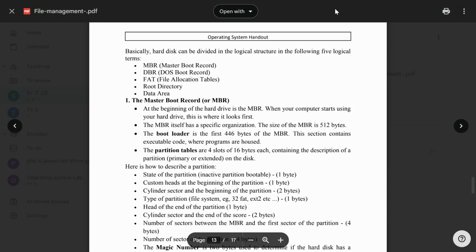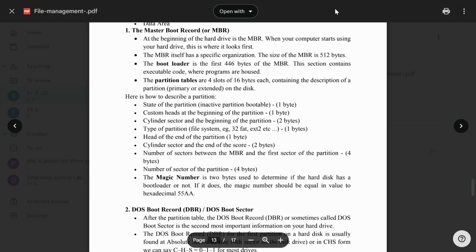So this is the partition table which is in the MBR. Here is how to describe a partition. Now, there are four slots of 16 bytes, and these 16 bytes, how we are going to refer, we will see.